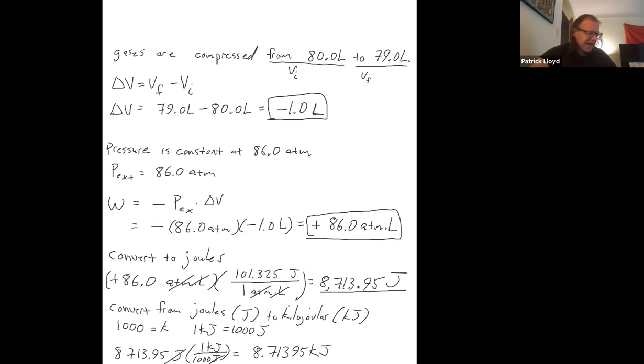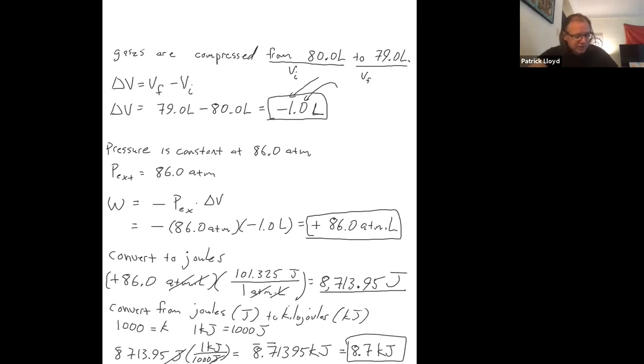Let's round that to 2 significant digits, because our change in volume only has 2 significant digits. So it's just 8.7 kilojoules. It's probably better to have it in kilojoules than joules.